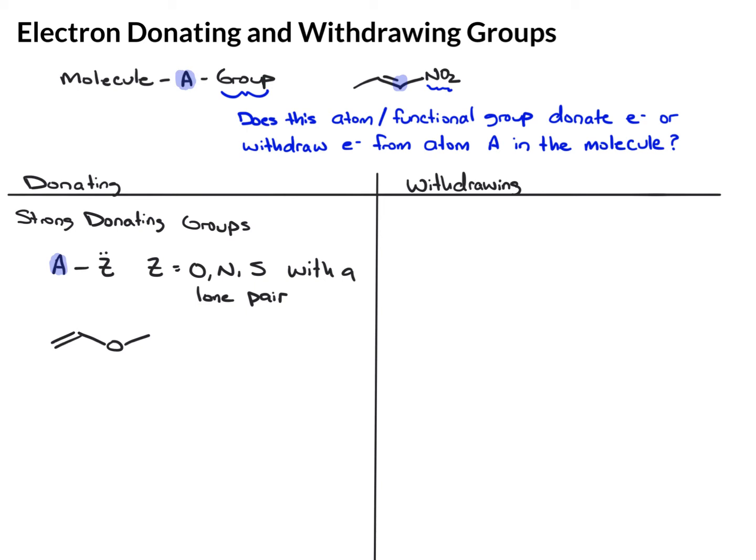Okay, so in this molecule, here's atom A that we're interested in. The oxygen has a lone pair. In fact, it has two lone pairs. And what that lone pair can do is push electrons toward atom A through resonance.